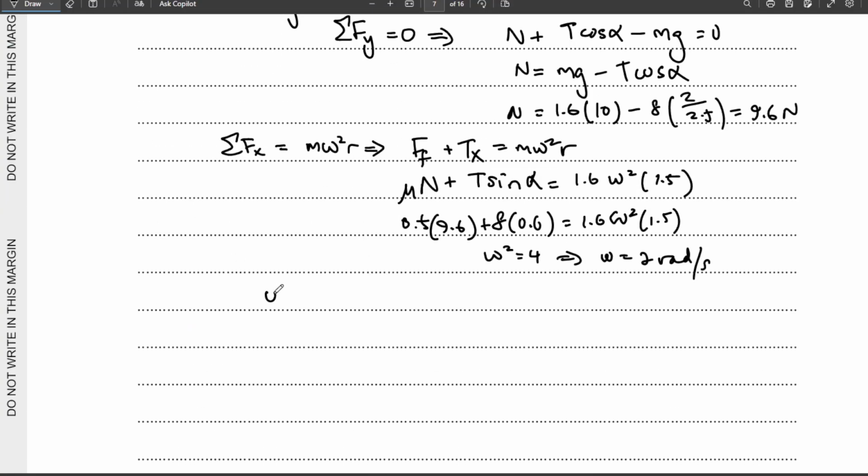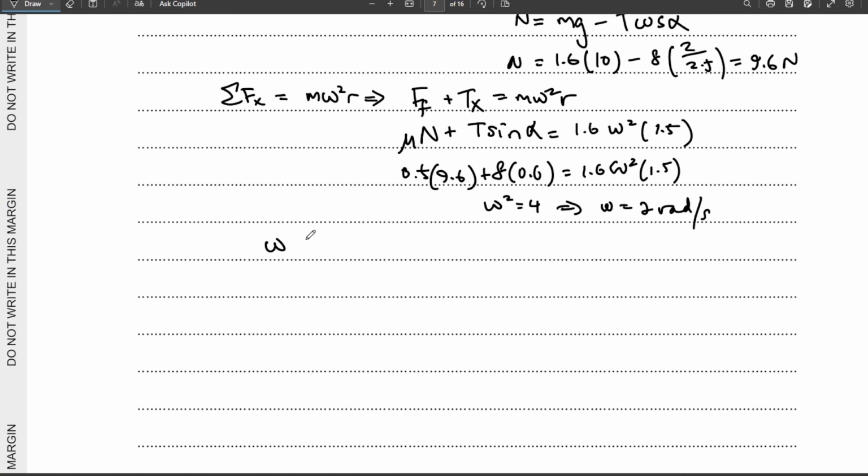We want to find it in revolutions per minute, RPM. So we do the unit conversion. Radians per second: 1 revolution is 1 circle, which is 2 pi radians, the angle that it turns.